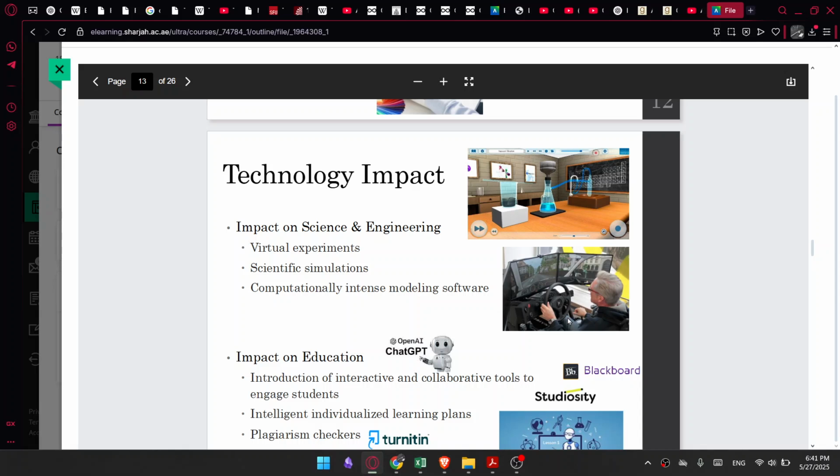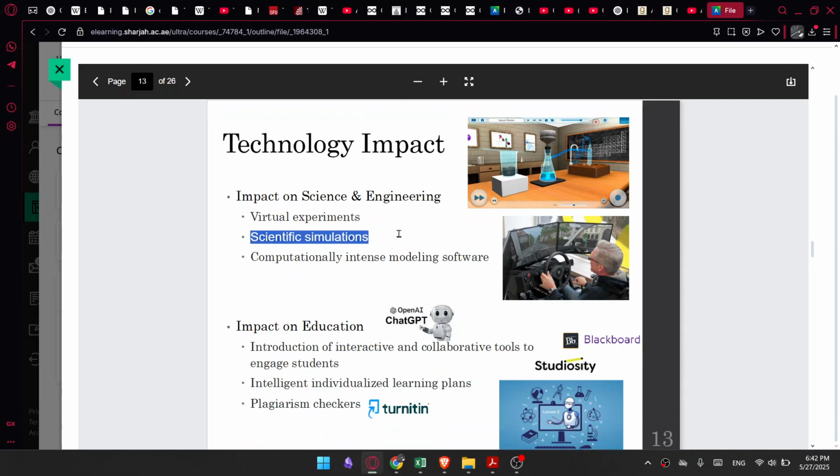Also, here it is a simulation of a car, which helps us to know the problems, anything that the engineers have to develop in their cars. So virtual experiment, as we said, scientific simulations, computationally intense modeling software.